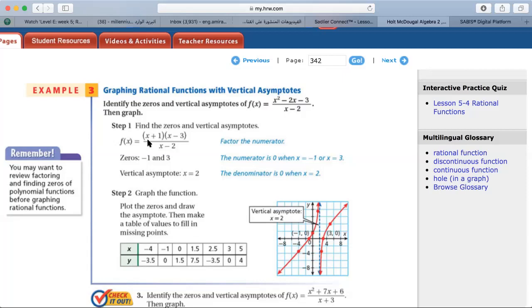If it is -4, I will substitute -4 to get the value of y, so it will be -3.5. Then if I choose -1, I substitute -1 and the value of y will be 0. Then I will substitute x by 0 and get the value of y. I will substitute x by 1.5 and get the value of y, and so on.